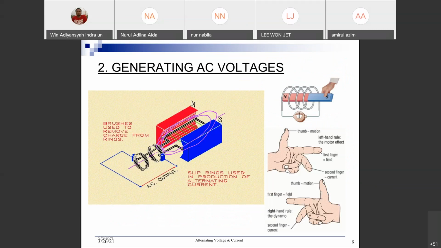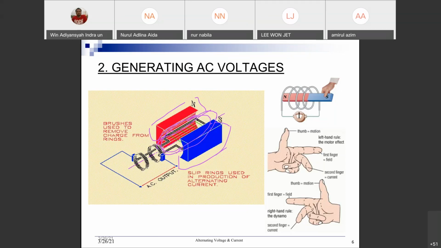So by rotating the coil inside the uniform magnetic field, at a constant speed, the coil rotates between the magnetic field.